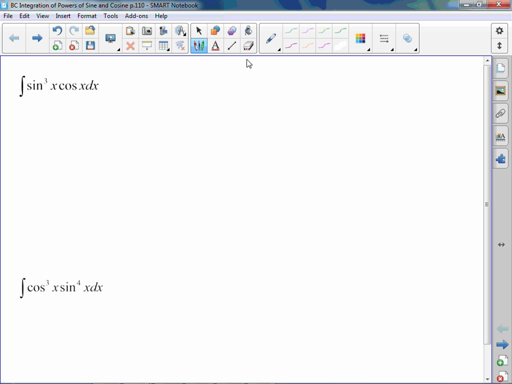The first one's fairly simple, because what I'm going to use for my u is the more complicated one, which is the sine. So u is sine of x, so my du will then be the derivative of sine, which is cosine.